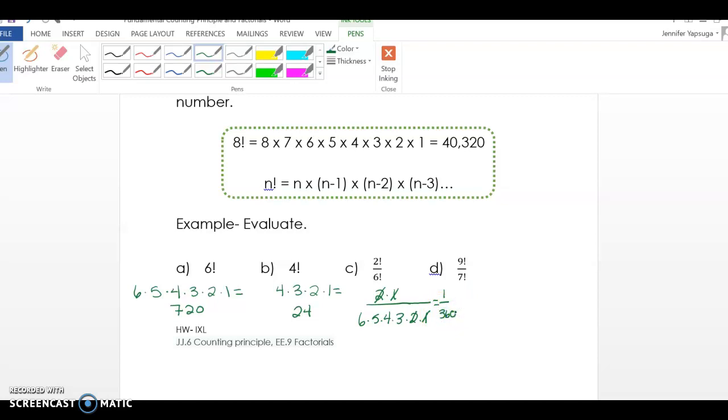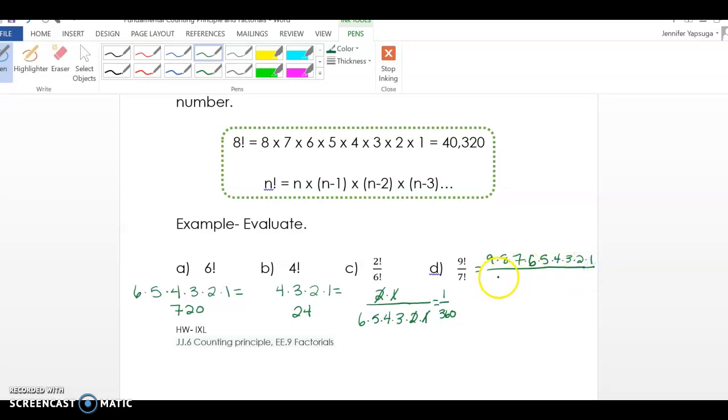All right, so go ahead and pause the video and do letter D on your own. Okay, so let's go ahead and write this out. So 9 factorial would be 9 times 8 times 7 times 6 times 5 times 4 times 3 times 2 times 1.